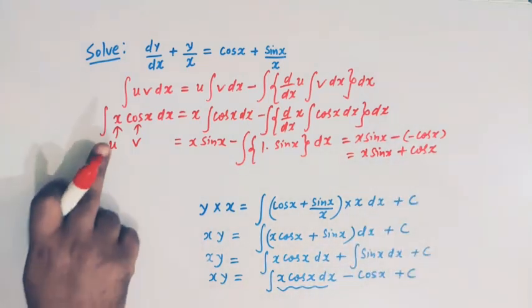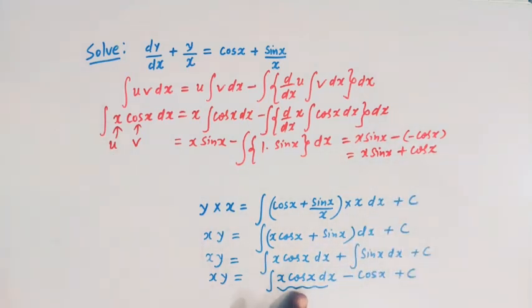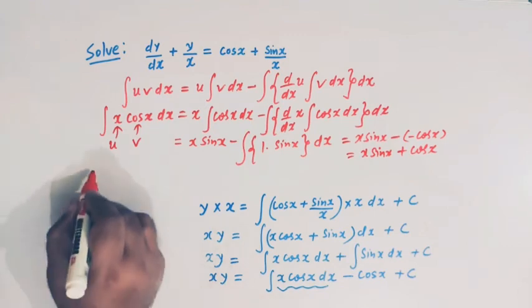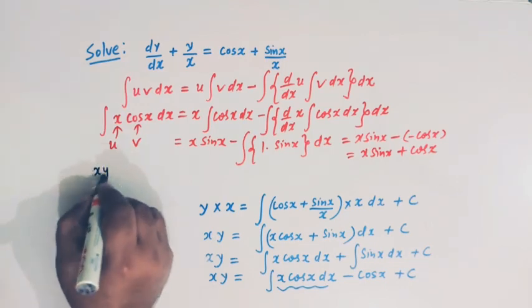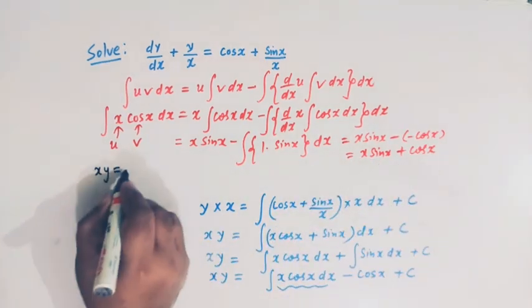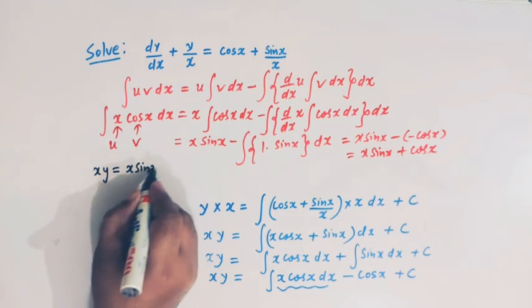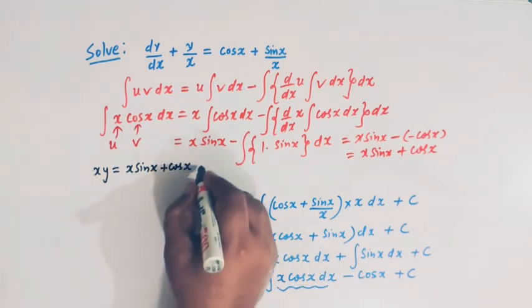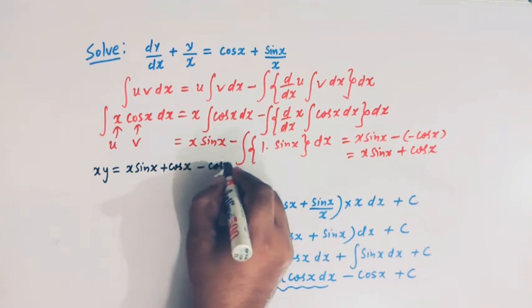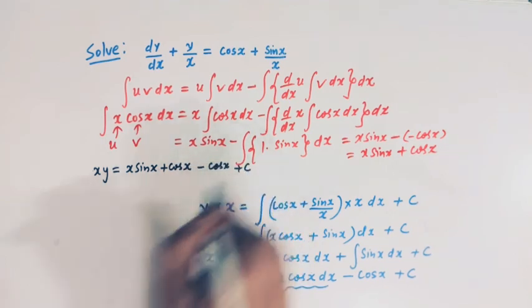Now substituting this value of this integral here, we have xy is equal to x sin x plus cos x, and then we have minus cos x plus c, right?